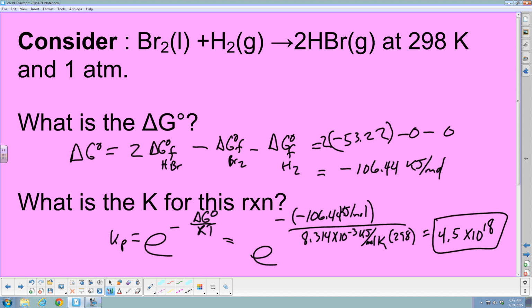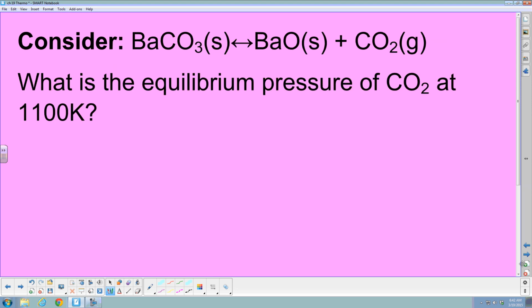Great. One more concept, and then we're done. All right, what's the equilibrium pressure of my CO2? Okay, this is kind of an interesting question, isn't it? I look at this, it's an equilibrium. I want to figure out my equilibrium pressure, and here's the cool thing. I have a solid, I have a gas, right?